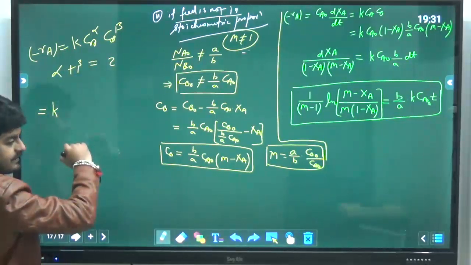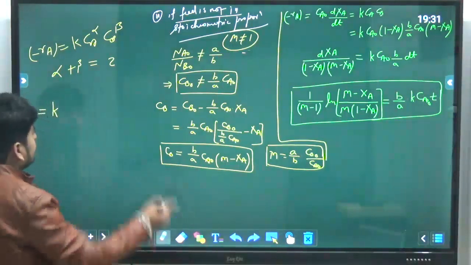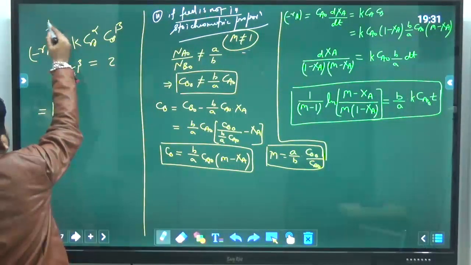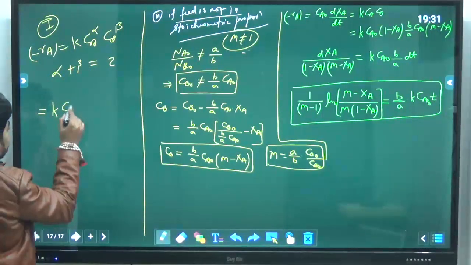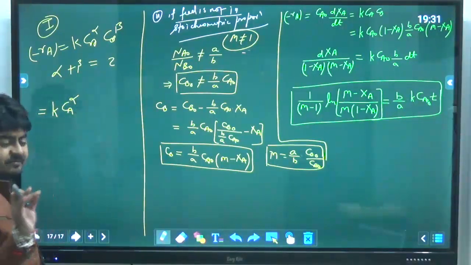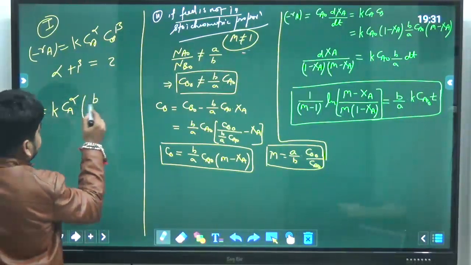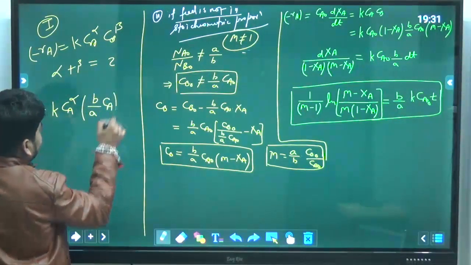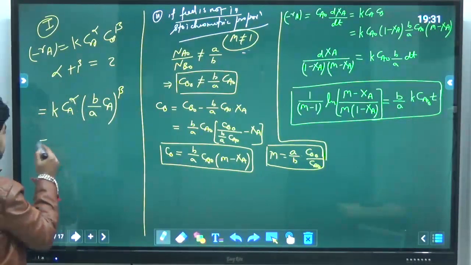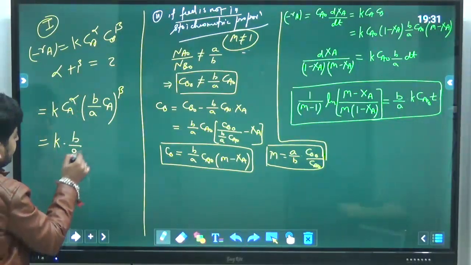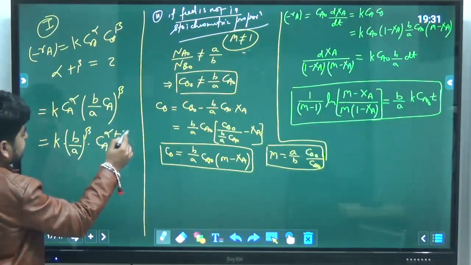Let's talk about the first case, where feed is in stoichiometric proportion. We have Ca^alpha, and we know that if feed is in stoichiometric proportion, Cb equals (B/A) times Ca, to the power beta. So the rate becomes k (B/A)^beta times Ca^(alpha plus beta).